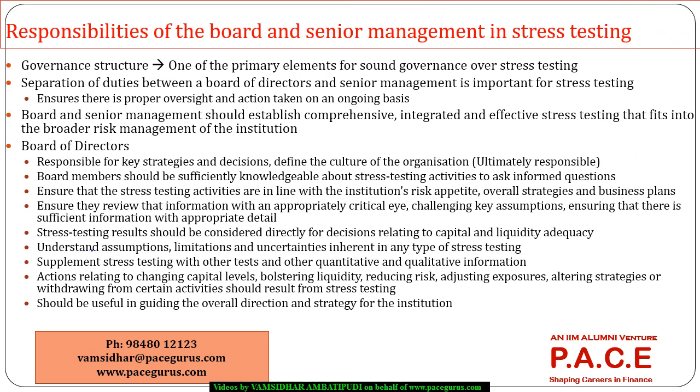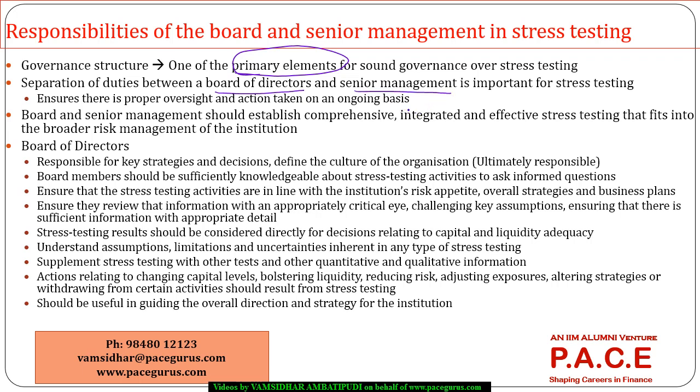So that's where we will start with our first aspect, which is the governance structure, is one of the most important elements. How the board of directors respond to it, how the senior management responds to it. We need a separation of duties between the board of directors and the senior management.